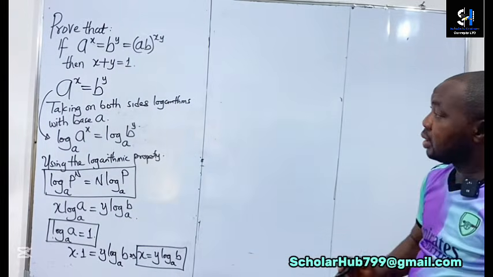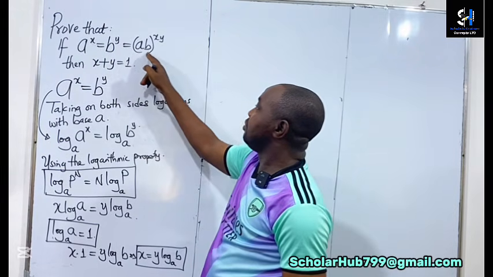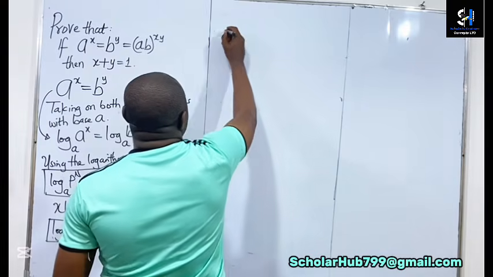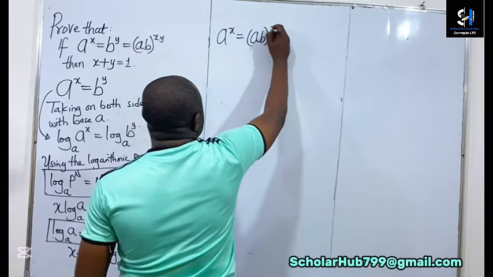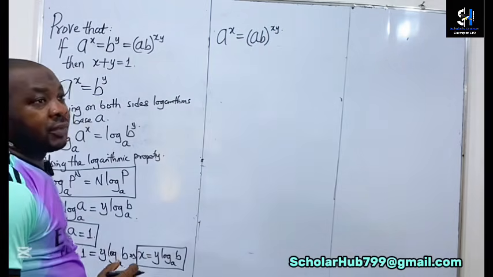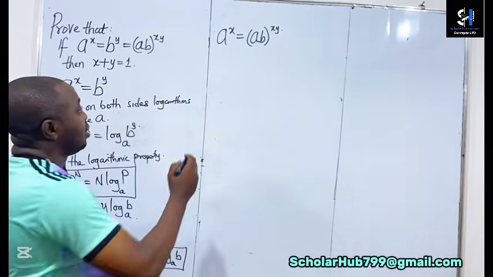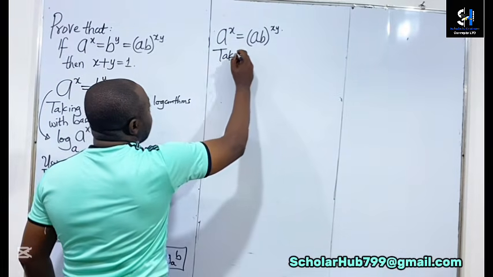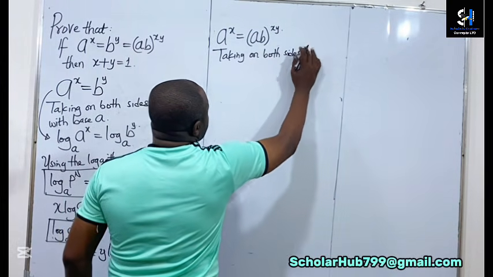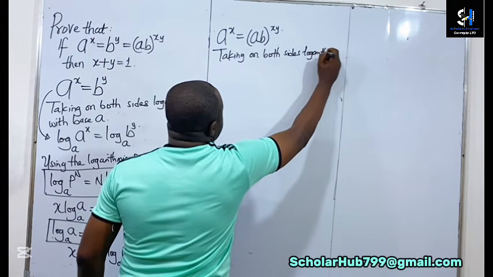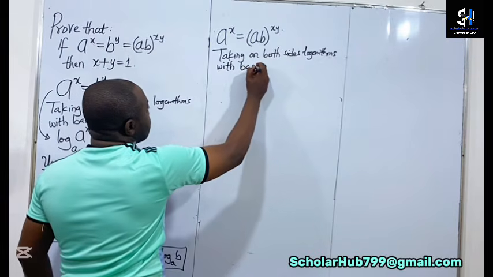Now again, I'm going to set a raised to the power of x equals (ab) raised to the power of xy, and then take logarithms on both sides with base a.